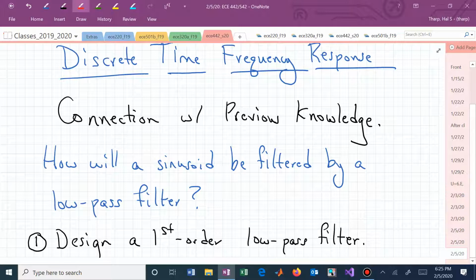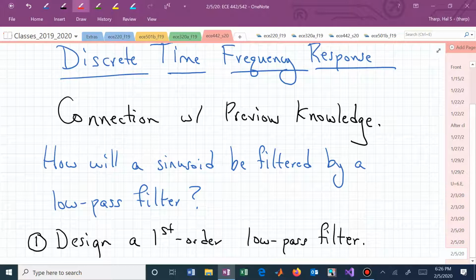I'm only going to be favoring sinusoids that are within that bandwidth, and I'm going to be attenuating sinusoids that are outside that bandwidth. This is not an ideal low-pass filter. In an ideal case, you would pass everything nicely up to the cutoff frequency, and anything beyond the cutoff frequency you would just be throwing it away.